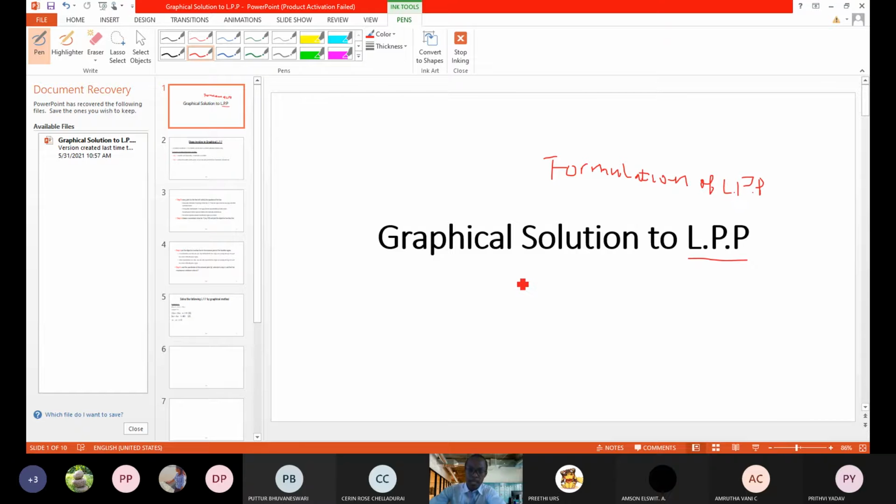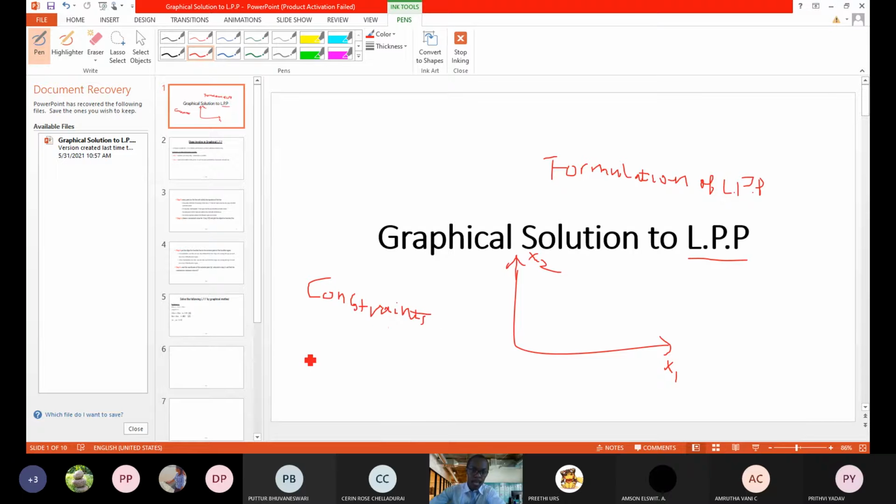We are going to put them into graphics, that is, two lines, the vertical line and the horizontal line. The vertical line will be x2, the horizontal line will be x1. We are going to plot every data which we have seen, such as the constraint data. This is the introduction.